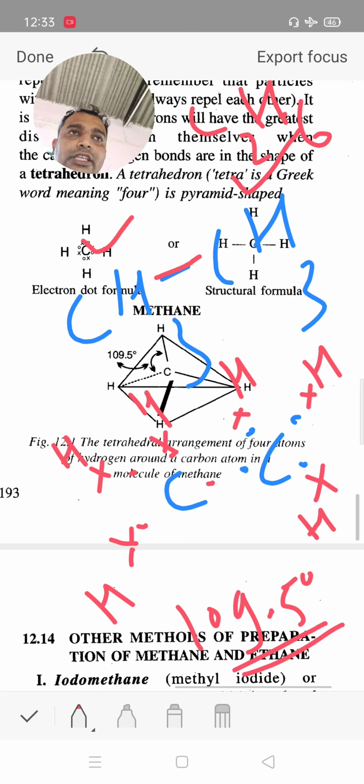Carbon is arranged with hydrogen on the 4 corners, therefore it has tetrahedral geometry. All alkane compounds have tetrahedral geometry and bond angle 109 degrees 50 minutes.